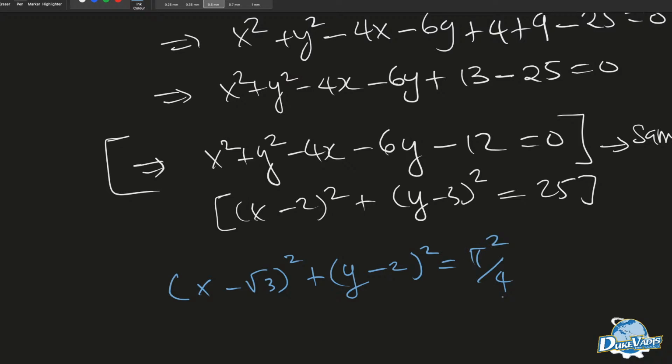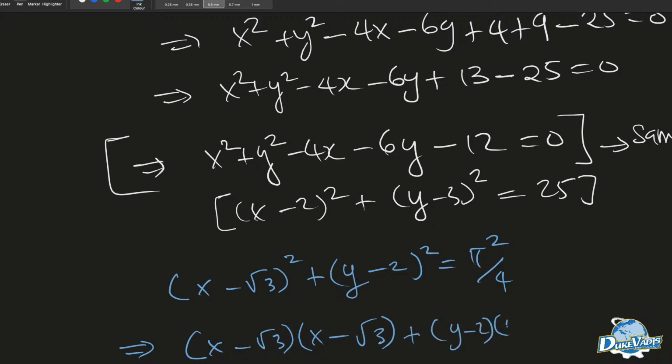So we have to do it the same way. Let's take our time and do it. So x minus root 3 into bracket x minus root 3, plus y minus 2 squared is equal to pi squared over 4.